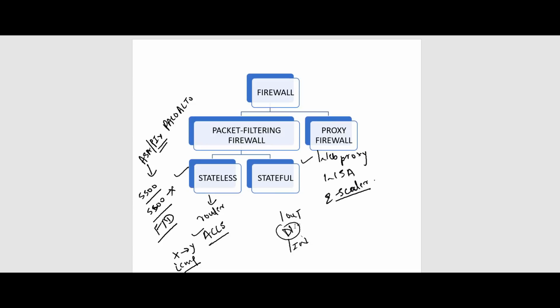So when the traffic is coming from in and trying to go out, as soon as the traffic is received on the inside interface, the ASA will make an instance of that particular connection, and it will maintain that particular instance in its connection table. So what happens is the traffic which is going from in to out, and if a reply is received back from out to in, the ASA would be able to analyze the reply based on the entry in the connection table as well.